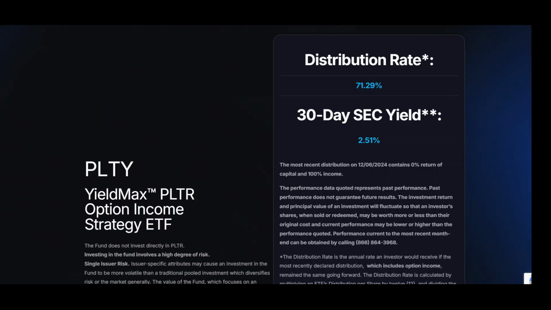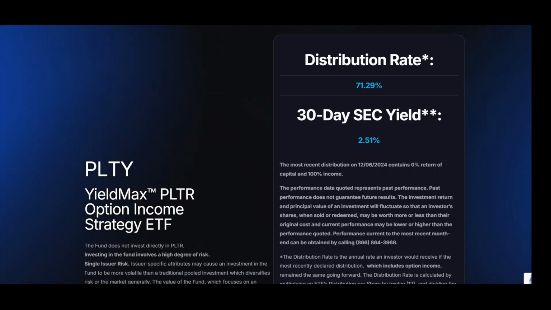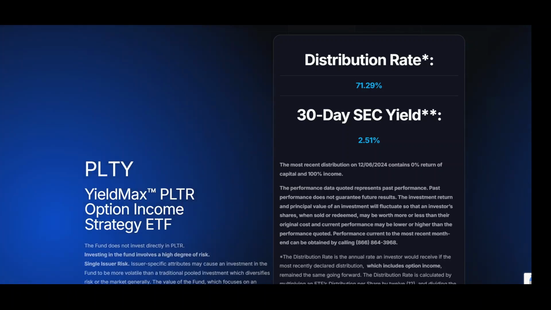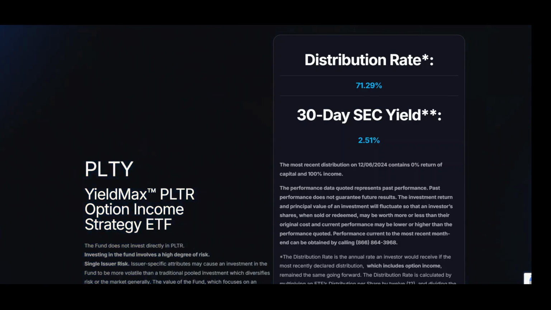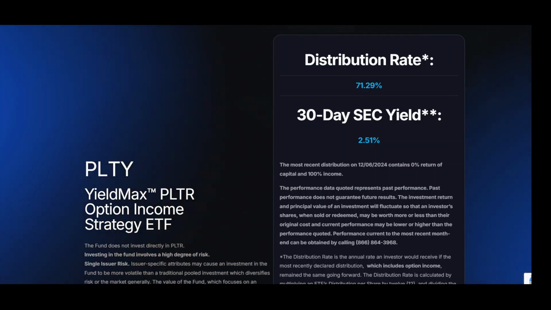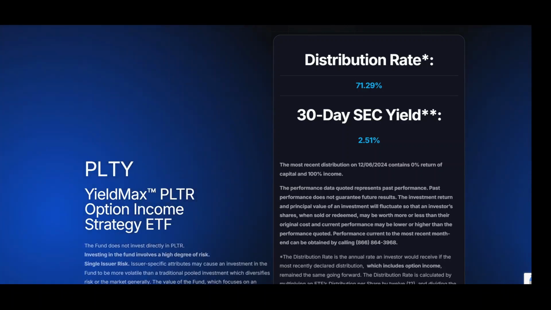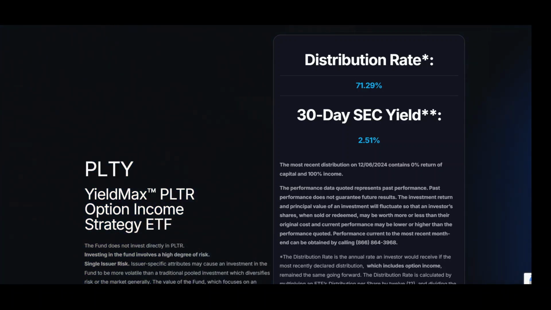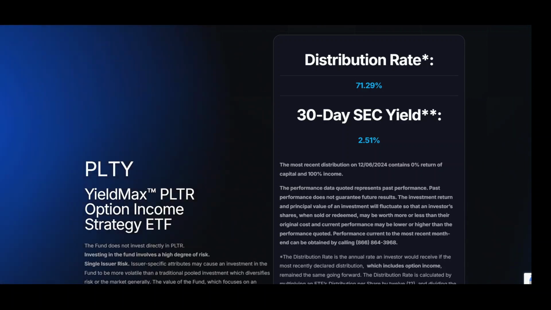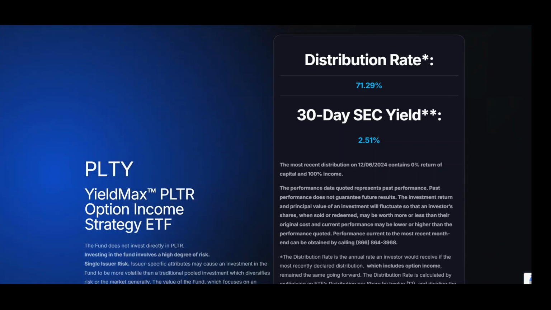But I do receive distributions, and I want to see what my new, calculated average price is once I deduct those distributions from the amount of capital I have invested. That will generate a new adjusted capital, and I can get an adjusted price per share for PLTY.